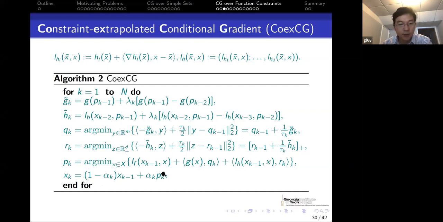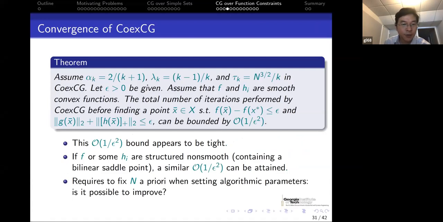Okay, so how does it converge? If we choose the parameters alpha_k similarly to 2 divided by k plus 1, lambda_k, which defines the extrapolation, as (k minus 1) over k, and tau_k, which defines the dual ascent step size. Here, I require that the number of iterations capital N is given to me in advance, okay?